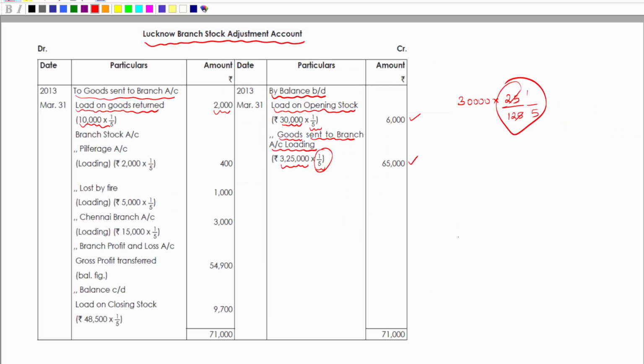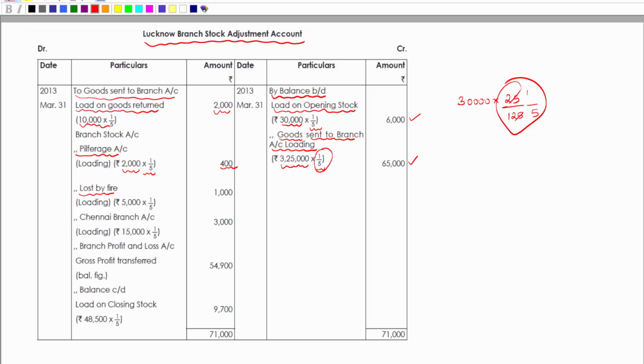So we'll go to branch stock adjustment account. We'll say to pilferage account, where we'll say 2,000 multiplied by 1 by 5, 400.